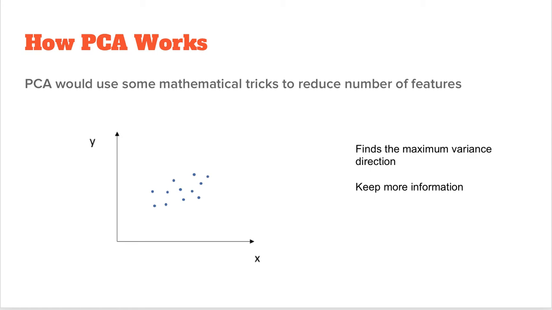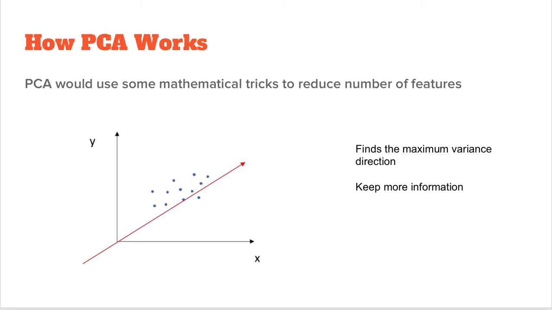How PCA works when there is more than one data point. For example, currently our dataset looks like this. PCA wants to find the maximum variance direction to keep more information. Intuitively, we can find this direction, so it is going to look like this.